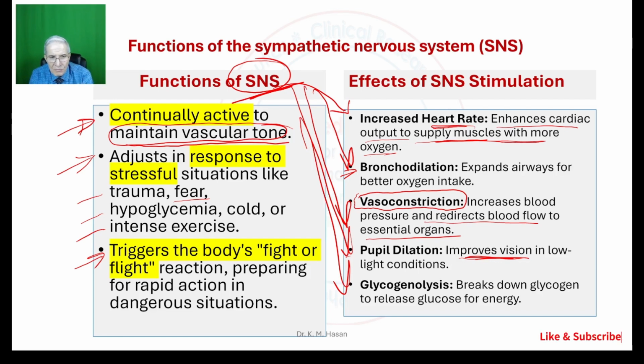Glycogenolysis means breakdown of glycogen to produce more glucose for energy. When you have fight or flight, trauma, hypoglycemia, or intense exercise, we need the energy. The sympathetic nervous system will stimulate the breakdown of glycogen to release glucose and provide more energy.